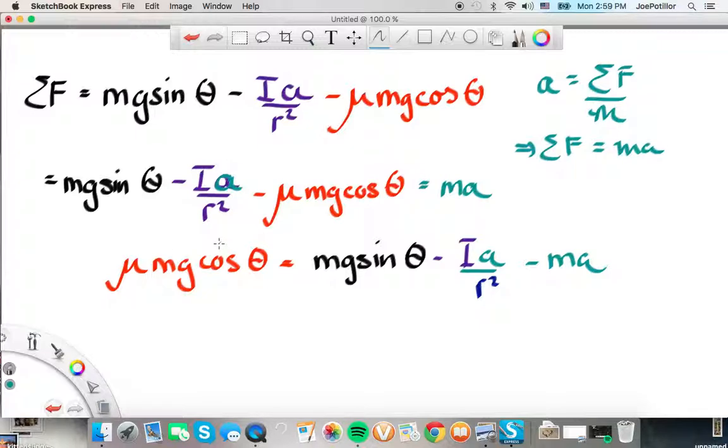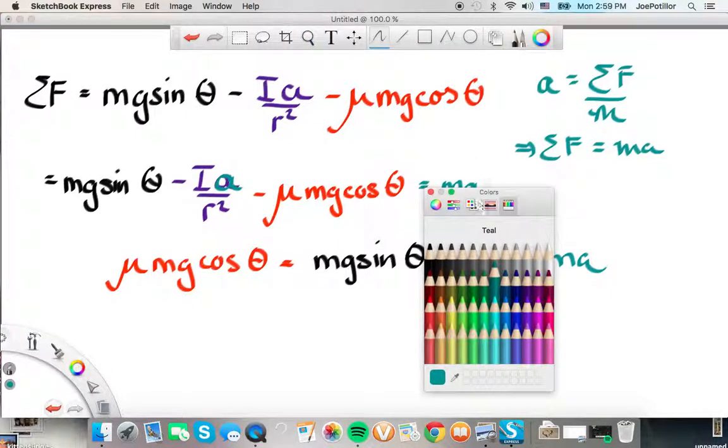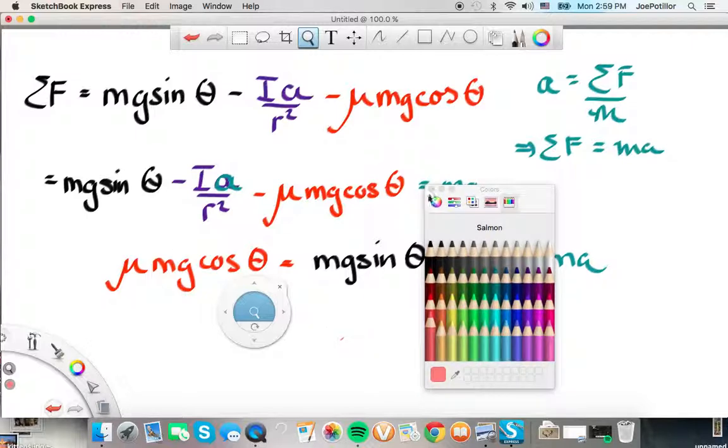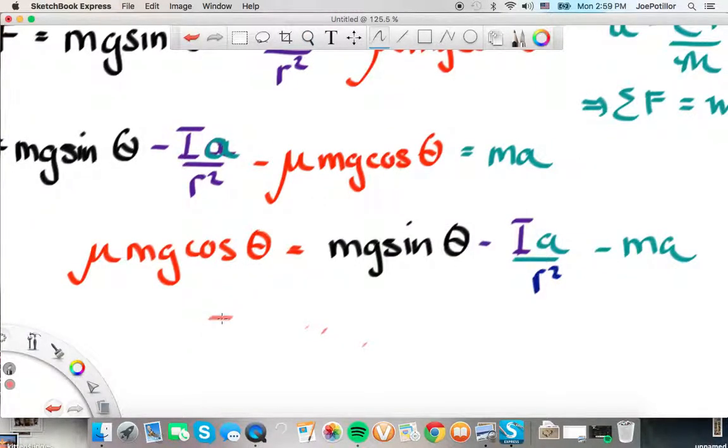This moment of inertia, we have a solid drum. If I draw a drum, which is kind of like a solid cylinder, in that situation we have the moment of inertia of a solid disk, one half mr squared.